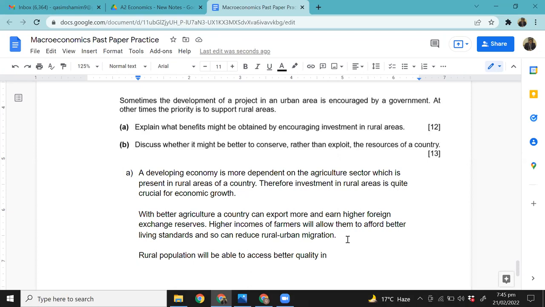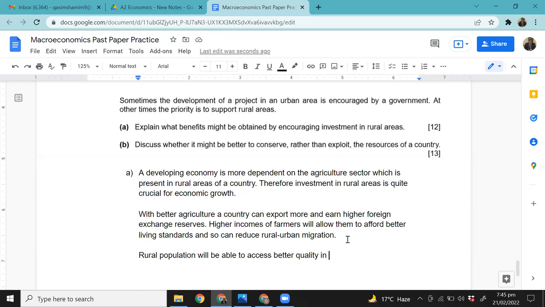So if you're investing primarily in your rural areas, then will that really attract more foreign direct investment? I mean, it can overall, because then it's not only your urban areas which are developed. You also have decent living standards in your rural areas as well.